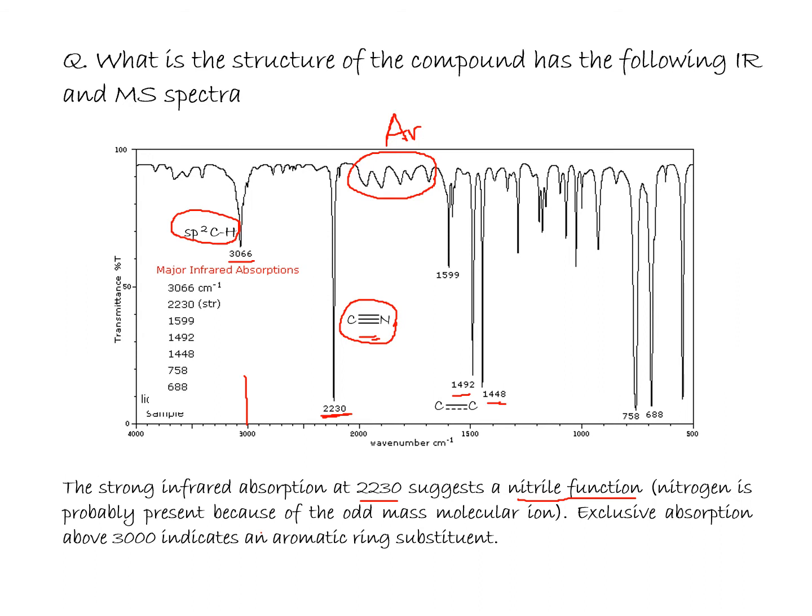Let's see from the mass spec. Exclusive absorption above 3000 indicates an aromatic ring substituent. Okay, just to confirm what we are getting out of the IR.